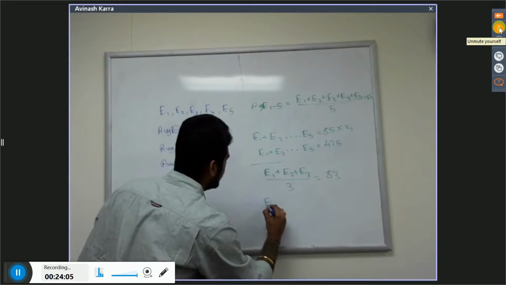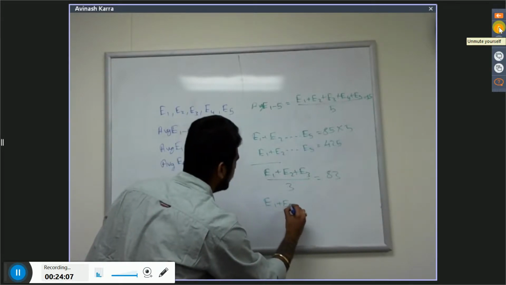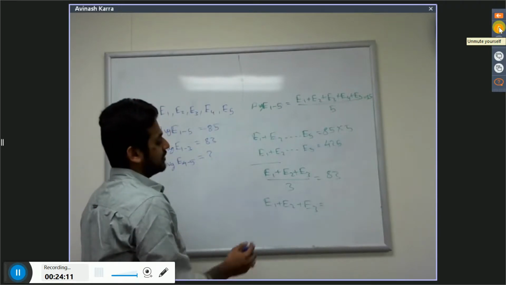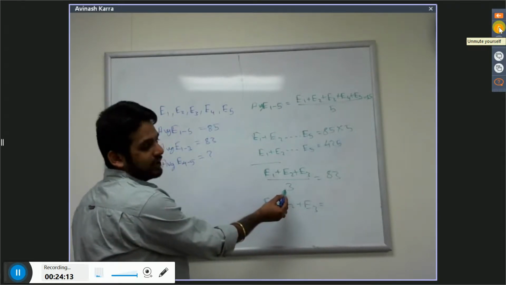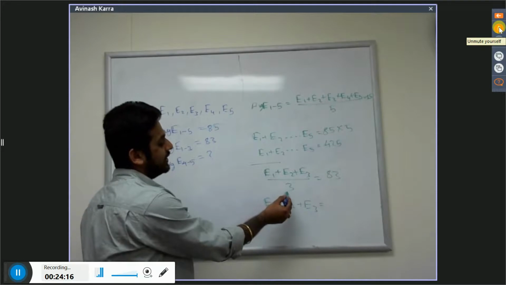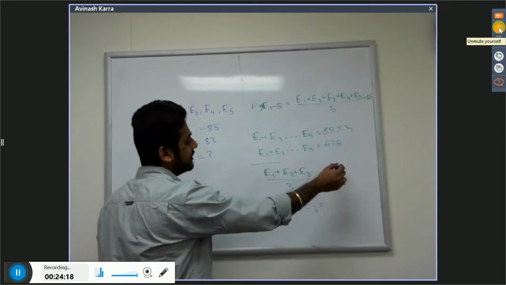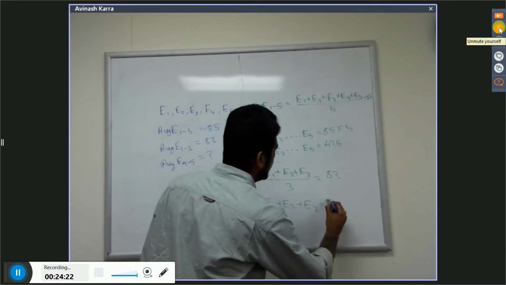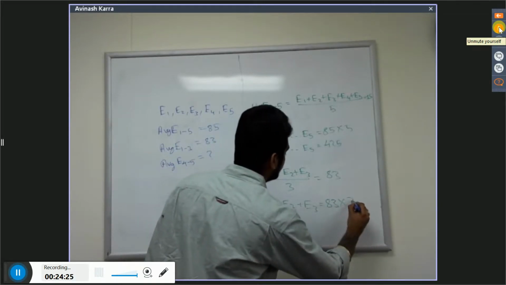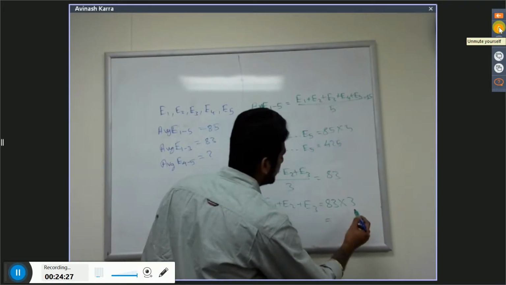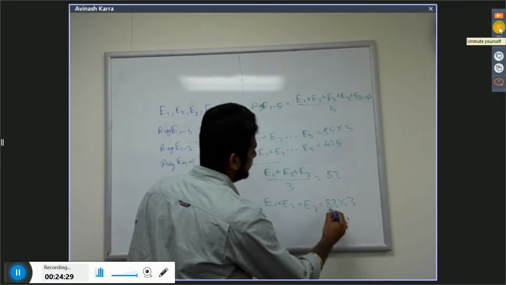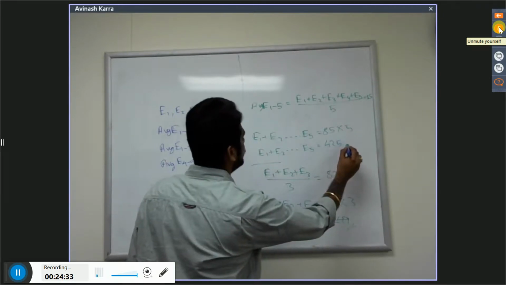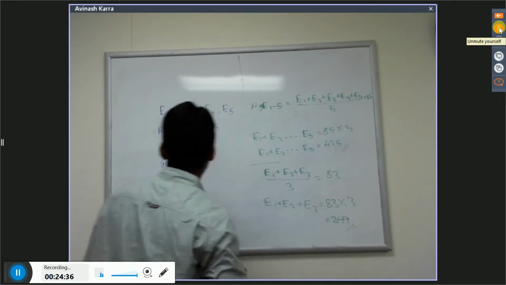If I simplify this, E1 plus E2 plus E3 is equal to, what is 3 doing here? Here it's dividing on the LHS. When it goes to RHS, it multiplies. So 83 into 3. 3 threes are 9, 3 eights are 24. These 2 values you need to remember for the time being.